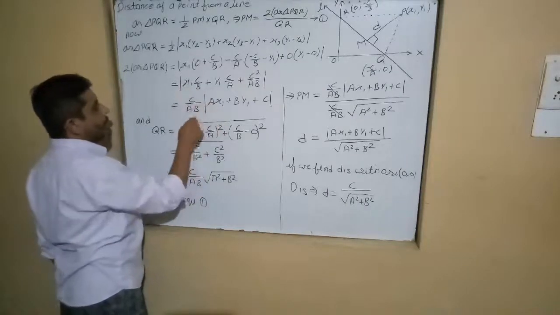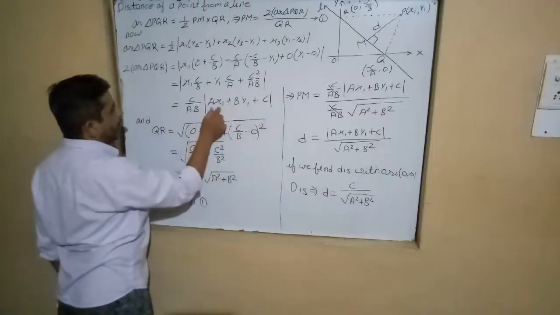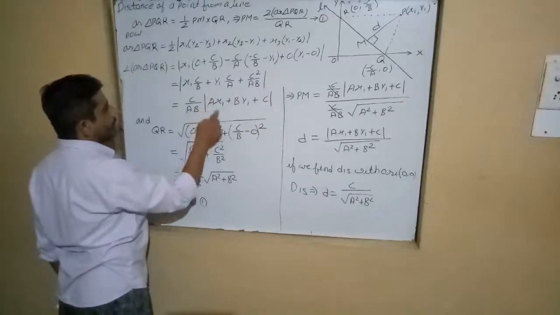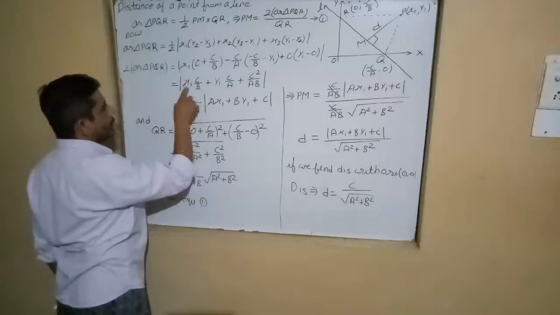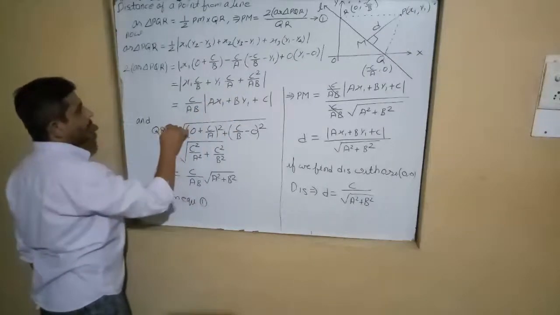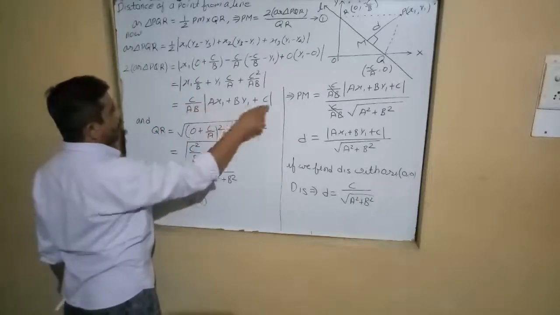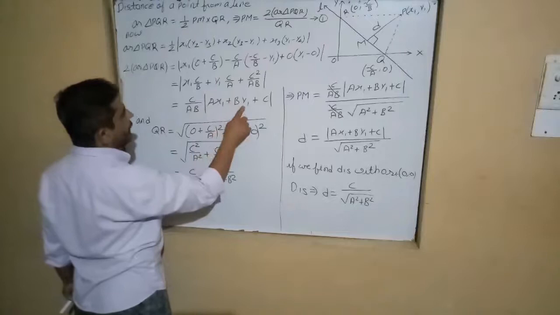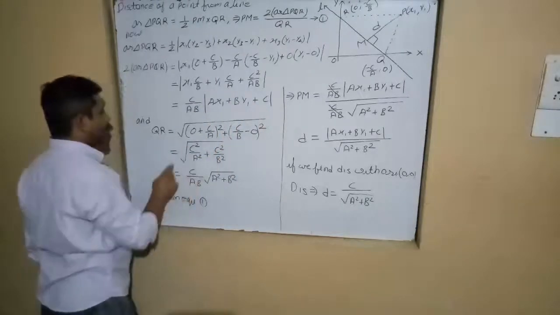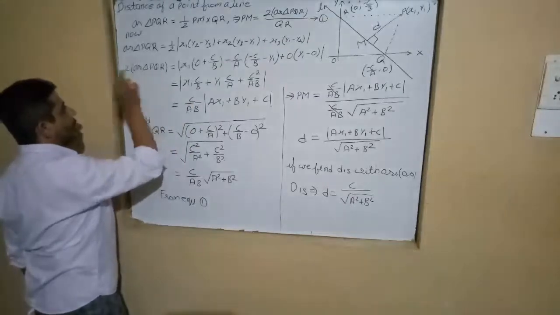A x1, again multiply by AB here, so A cut from A, what is left? x1 upon B. This is x1 upon B. Okay, so if we take common C upon AB, what is left? Modulus of Ax1 plus By1 plus C. Clear? This is the value of twice the area of triangle PQR.